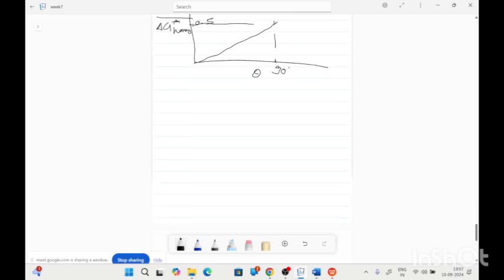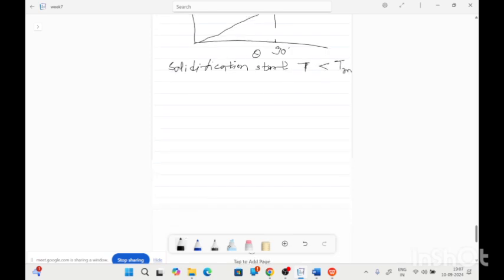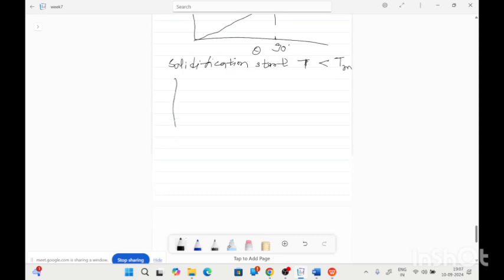For the nucleation or solidification to start, the temperature of the melt should be less than the melting point of the aluminum alloy.